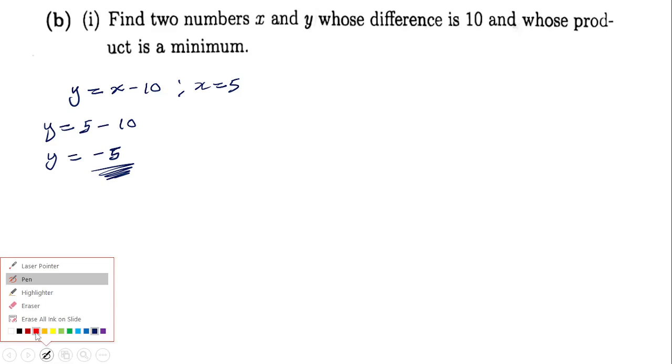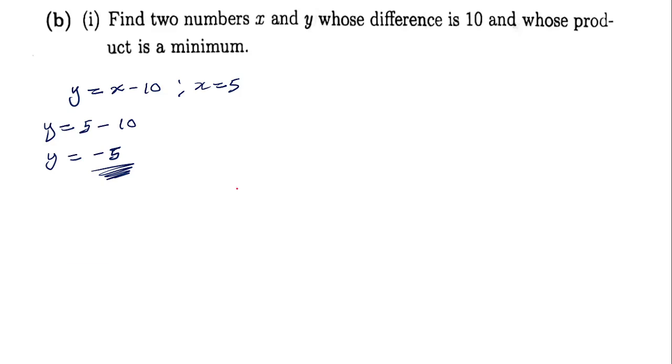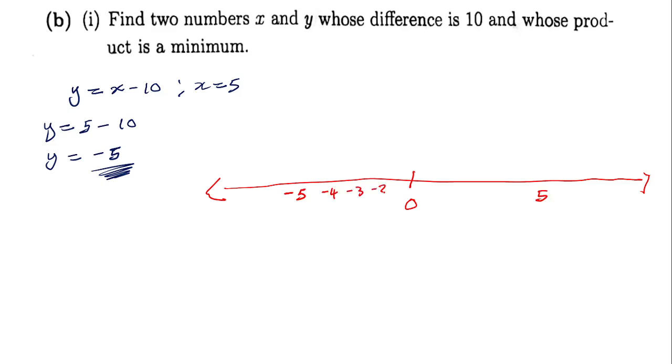From the understanding perspective, I can use a number line to show if you really understood, but we are done from there. So you have negative 5 there, you have 5 there, then you're going to have negative 4, negative 3, negative 2, negative 1, then 1, 2, 3, 4.